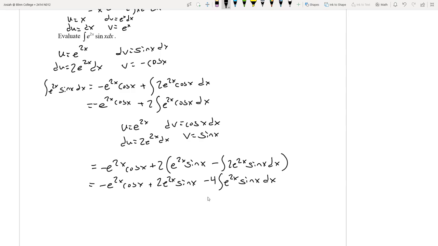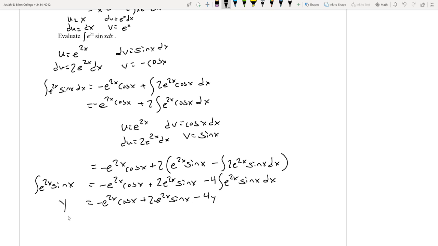dx. So we actually got back to the same integral we started with, right? That's the integral over here. But wait a minute, we're trying to figure out the value of this. What if we think of it as y? If we think of it as y, then on the other side of this equation here, we have just minus 4y.